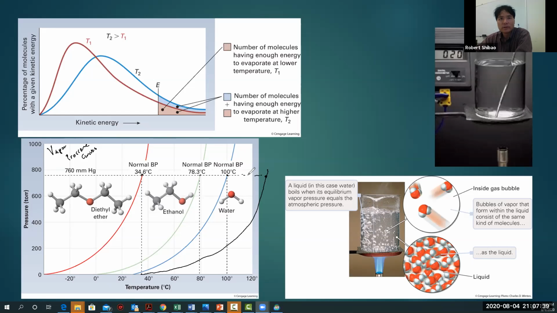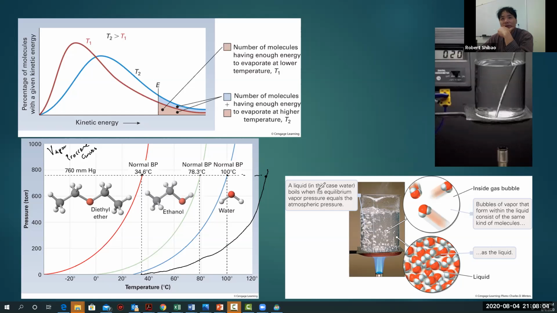So the normal boiling point's important here. We can see this here. Let me see if this works. Oh, that didn't work. I embedded a video on boiling. Maybe it's in the next slide. Here's boiling here. You can see the water boil.